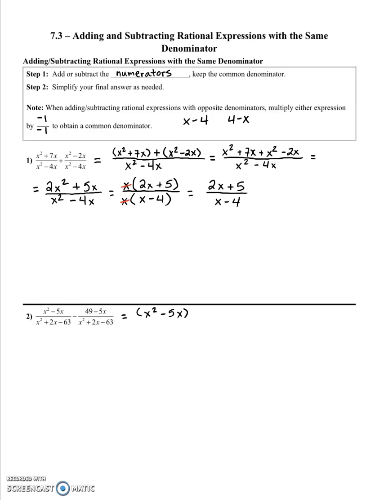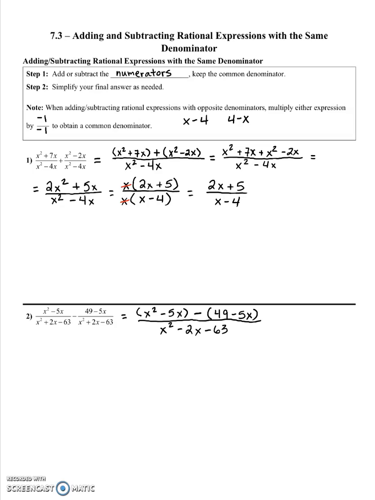So we have x squared minus 5x minus a 49 minus 5x. Now, here is where it is important to put the parentheses, because when we subtract that second fraction, we need to make sure we subtract every term in its numerator.